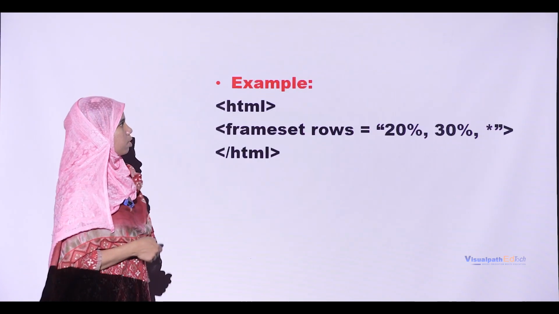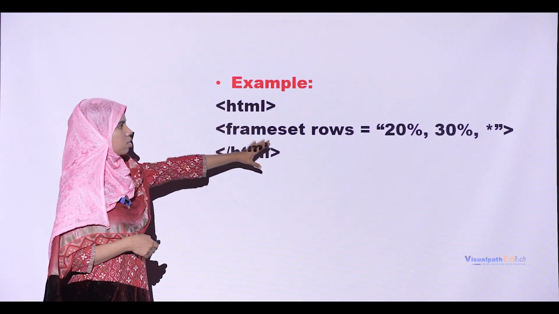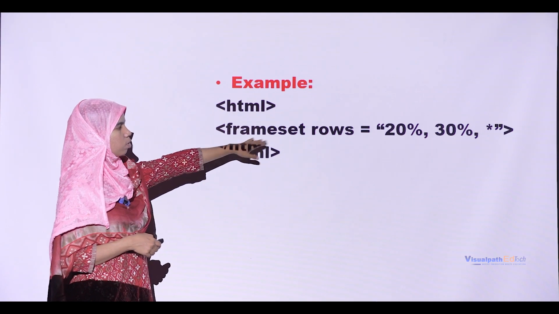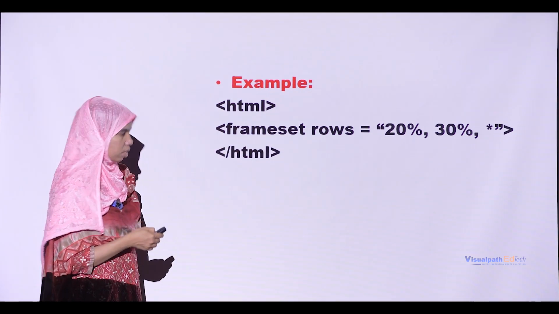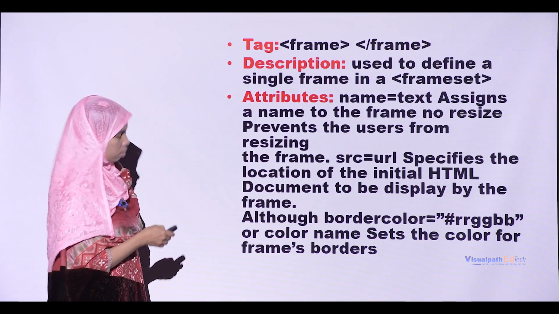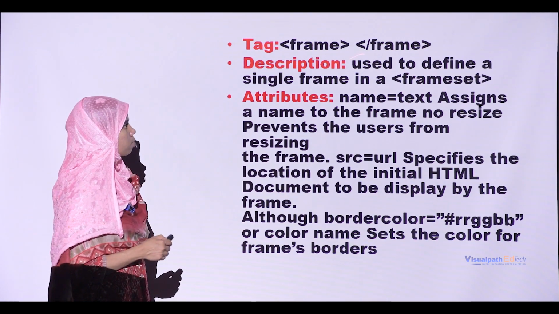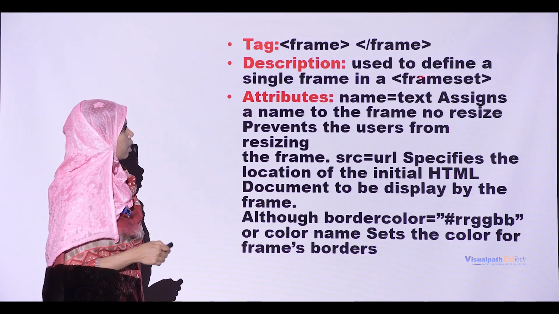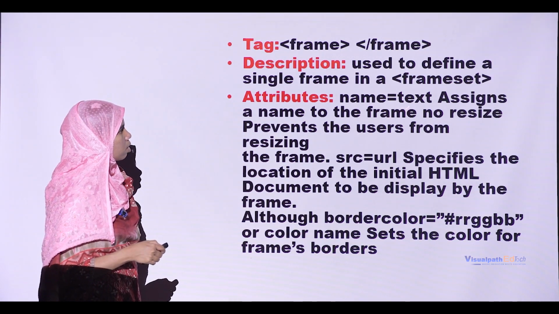So the example we were looking at here is just an example of how to set the frame, by indicating the rows, the columns and the remaining space. So this is a description of this frame. Here we are actually setting the frame size.